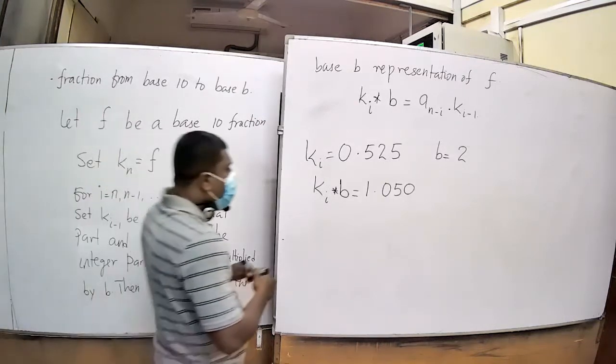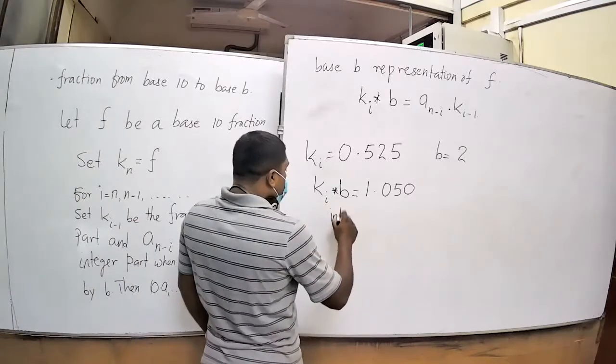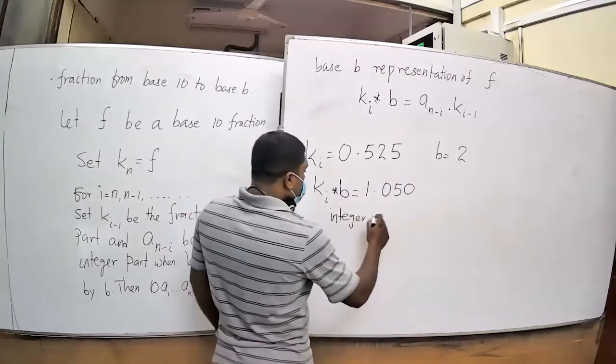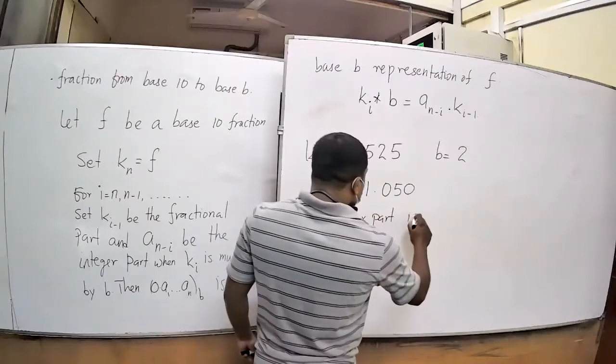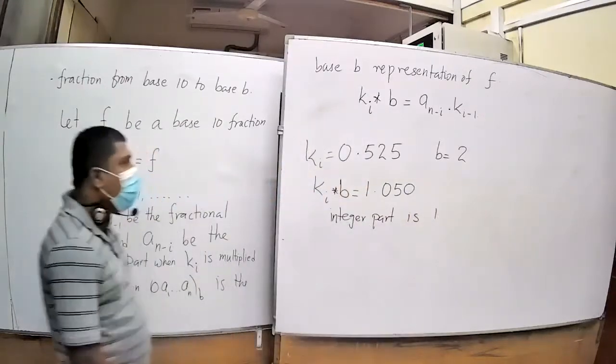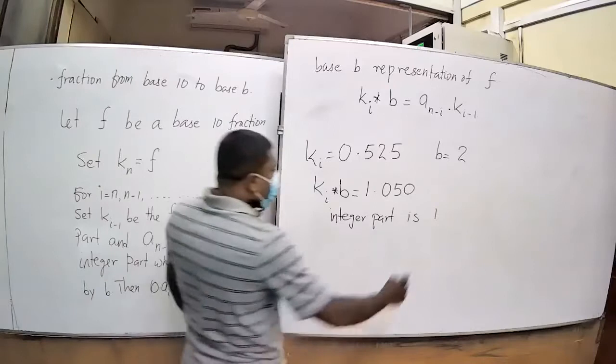So here you know that the integer part is 1, and you name that a_{-i}.